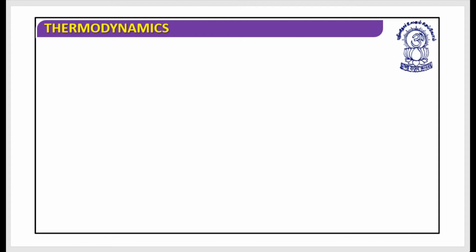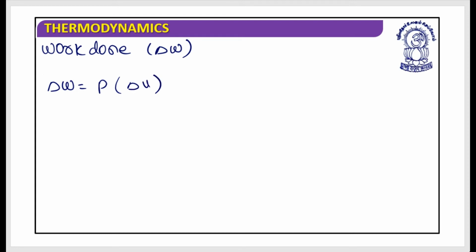Now let's discuss the work done, how the work done can be calculated, and when work done would be positive and when it would be negative. Generally we denote it by delta W. So what we understood is that delta W is equal to P into delta V, pressure multiplied by change in volume, that is P into (Vf minus Vi).